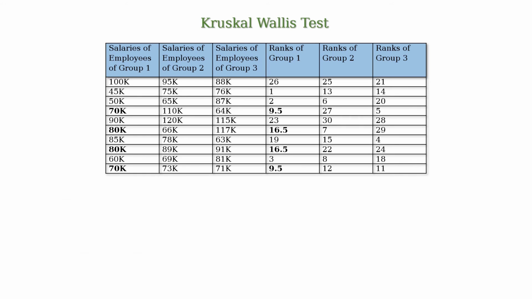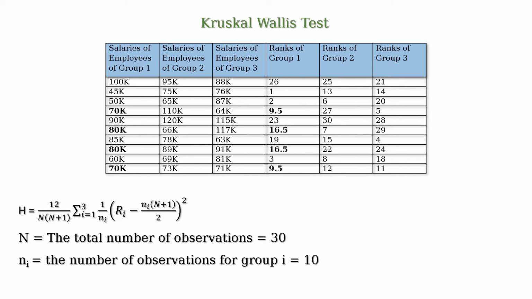Now, the test statistic is calculated using the following formula. H is equal to 12 divided by N times (N plus 1), times the summation from i equal to 1 to 3 of 1 by n_i times (R_i minus n_i times (N plus 1) divided by 2) whole squared.